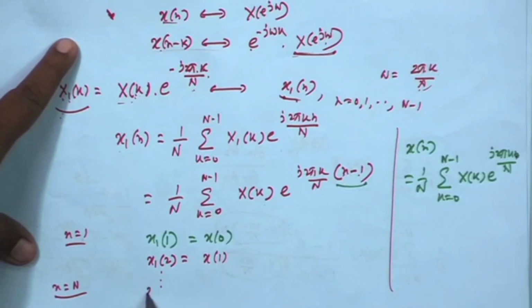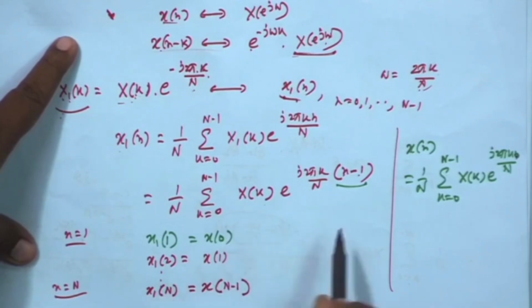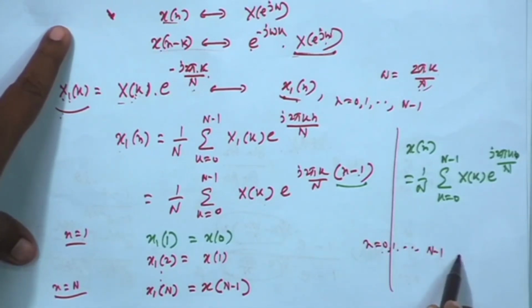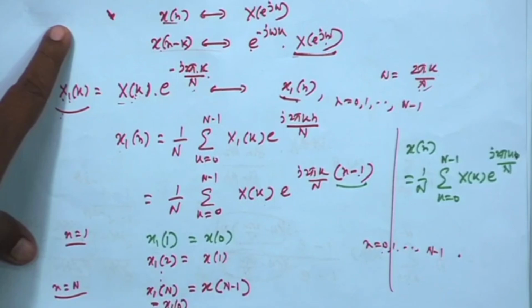So, x 1 capital N will be. But point is x 1 n also is defined from n equal to 0, 1 up to n minus 1. If I take capital N, the value that we will get will be same as the value at n equal to 0, because it is periodic. So, x 1 capital N is equivalent to x 1 0, all right.